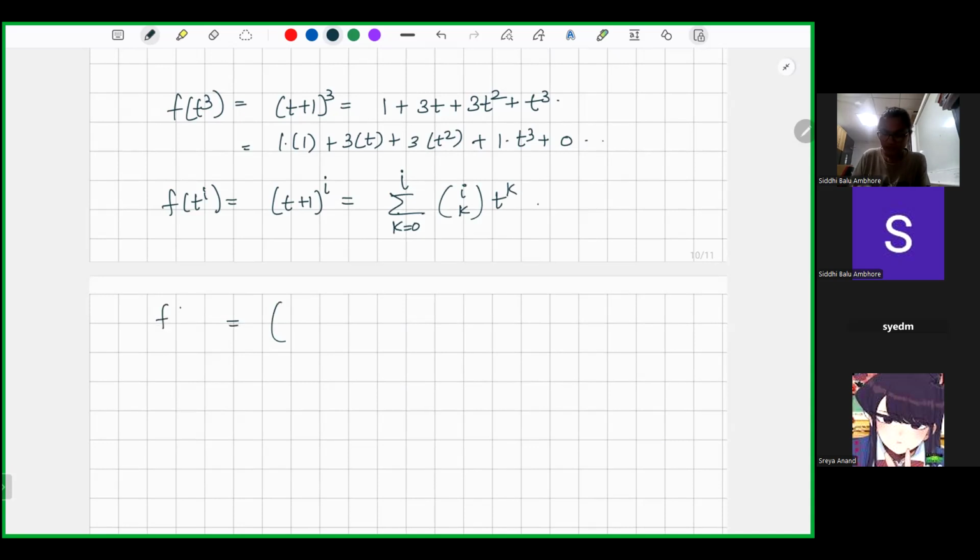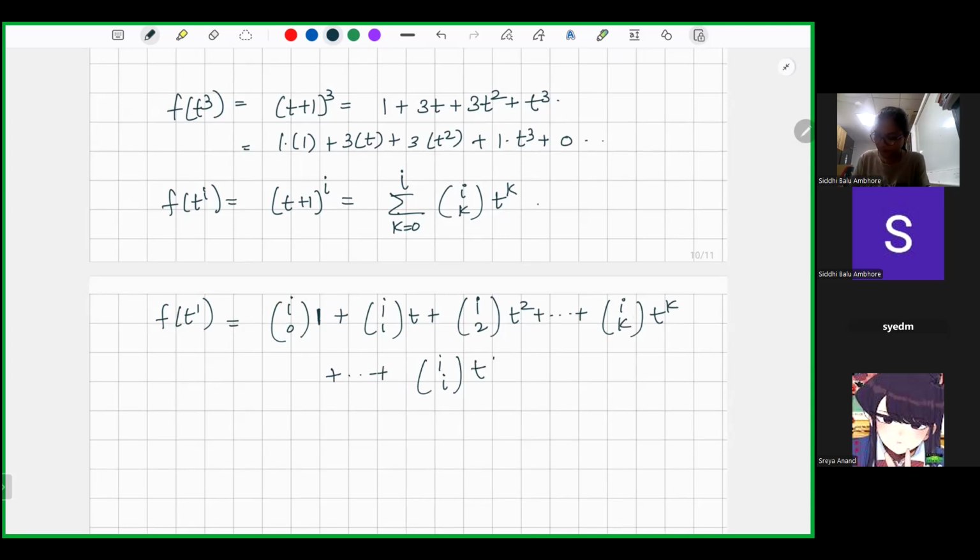For f of t power i, it will be i choose 0, which we are assuming to be 1, so 1 into 1 plus i choose 1 t plus i choose 2 t square, and so on, i choose k t power k, up to i choose i t power i. This is how it will be, right?